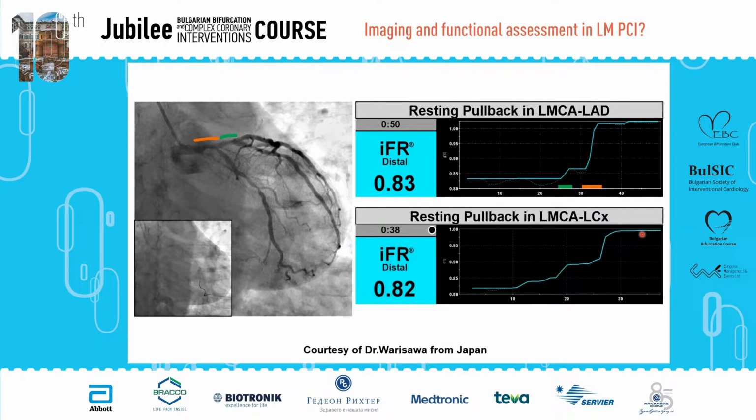Next, he performed the circumflex pullback. The mid segment has enough step up, and then the ostium has almost no step up. And then the distal left main has a huge step up, which is quite concordant with the LAD pullback. Based on this pullback, he decided to put a stent from the LAD to the left main and just treat here.